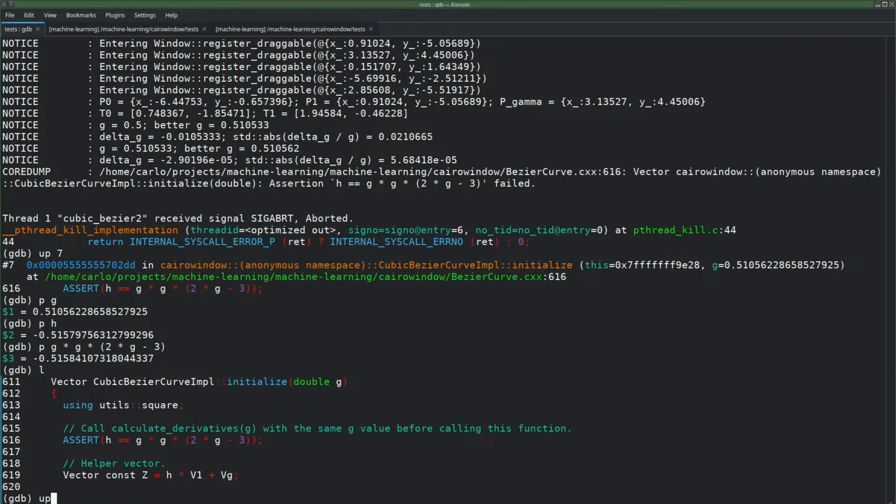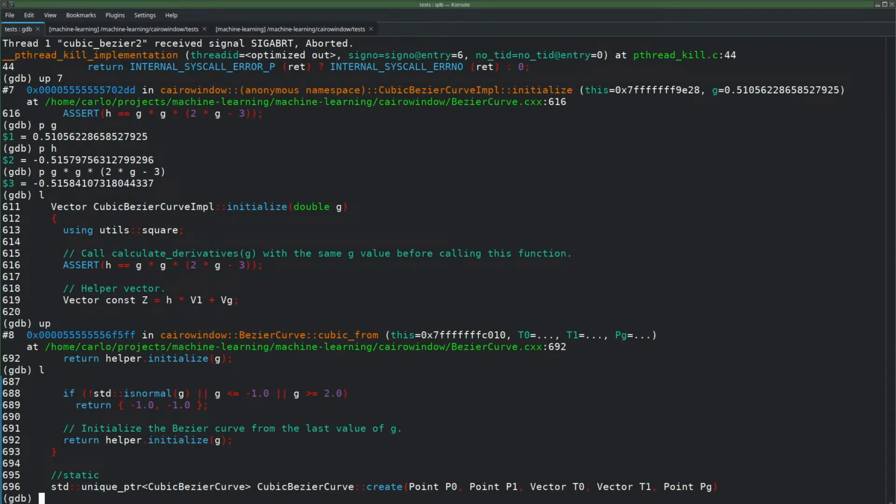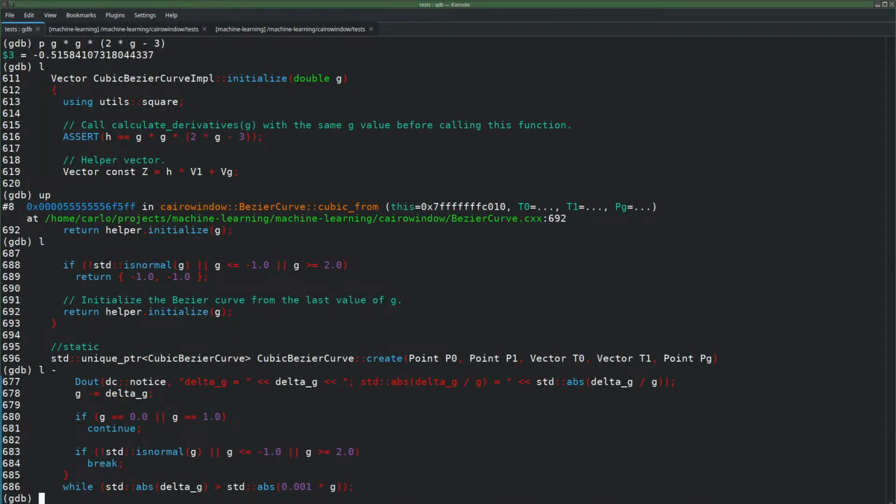So maybe this doesn't hold for this call here, cubic from. Yeah, these are adjusted one more time.